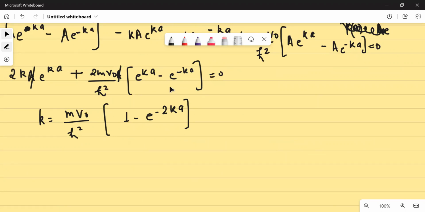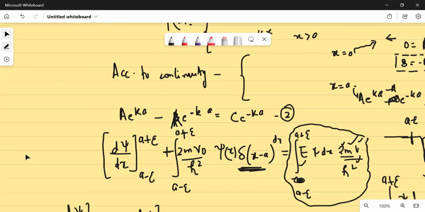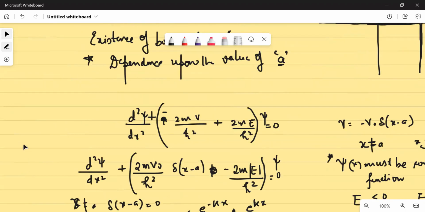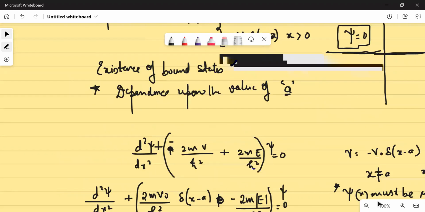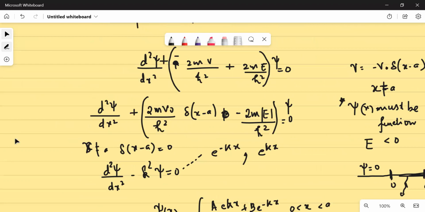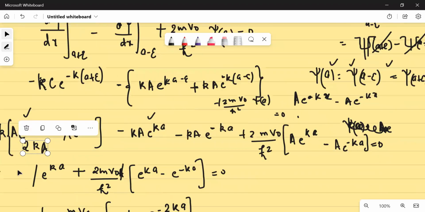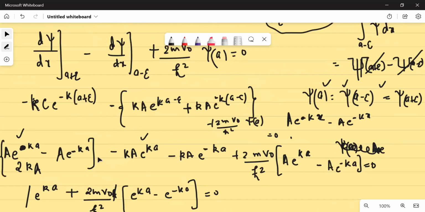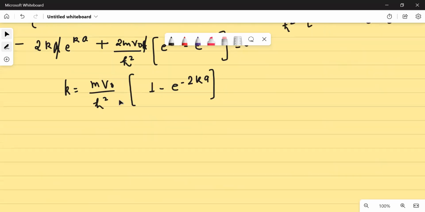Basically, we were interested in finding the number of bound states. And if we solve it, the values of k, from which you can obtain the number of bound states, are given by this particular equation.